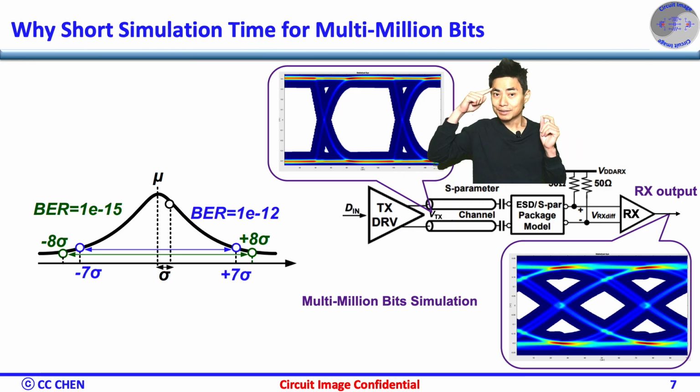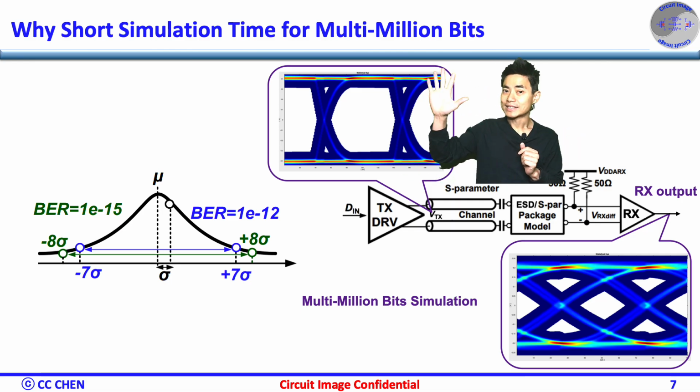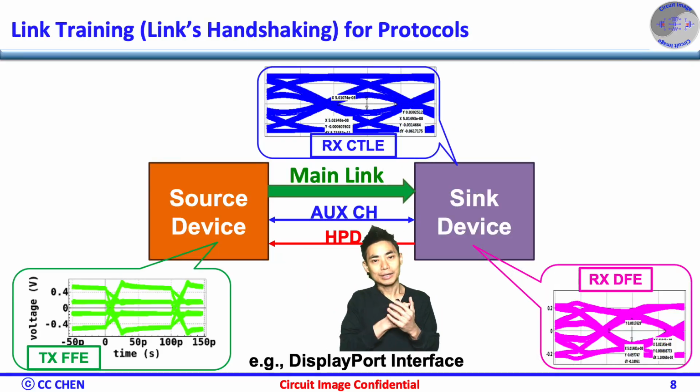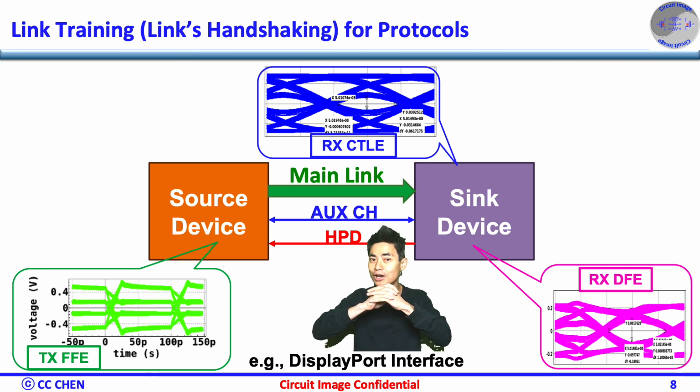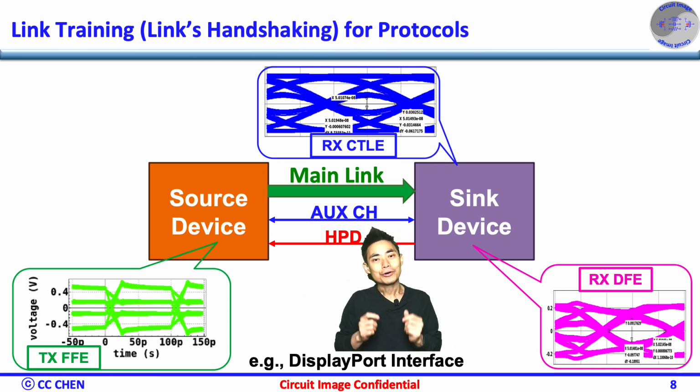Think about the protocol for 5 seconds. Correct. Every link should talk to each other through the link's handshaking or link training properly. Therefore, both the TX and RX behavior model should support the same link training protocol.